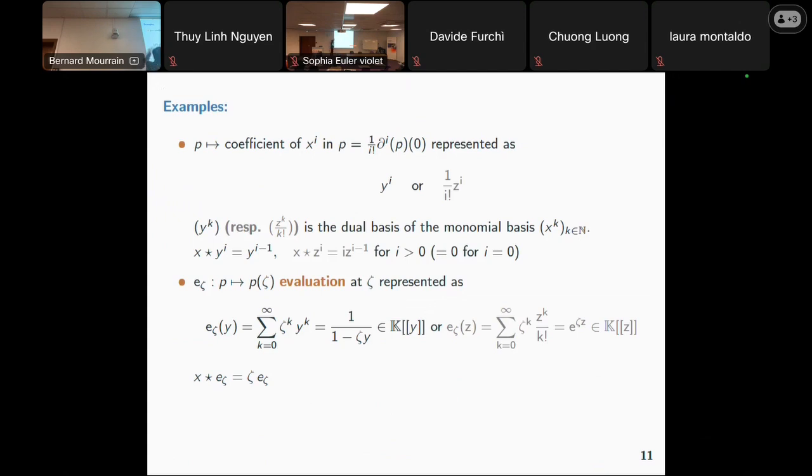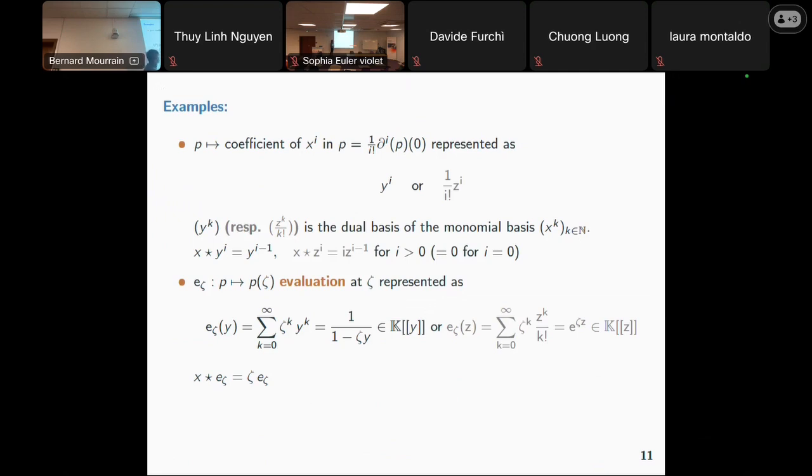So we have here y^k, which is dual to the monomial vectors, and z^k over k factorial, which is the same, the dual. If we look at the product of x with y^i, this is like y^(i-1), except if i is 0, where it is 0.